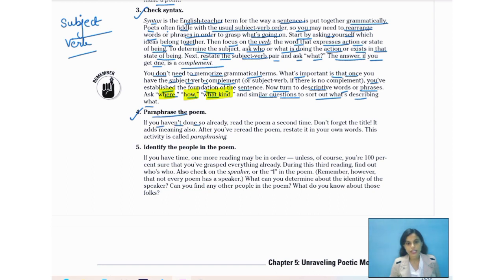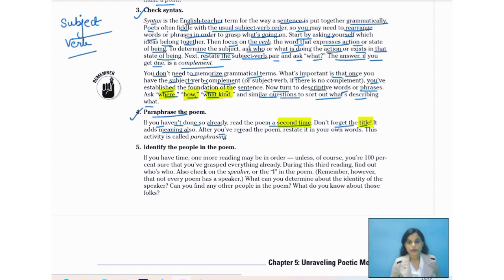All right. The next way you can understand the meaning of a poem is to paraphrase the poem. Now, if you haven't done so already, read the poem a second time. So here the basic thing is to read it for a second time. Don't forget the title. It adds meaning also. So the title is very important. The title of a poem tells us a lot about the poem.